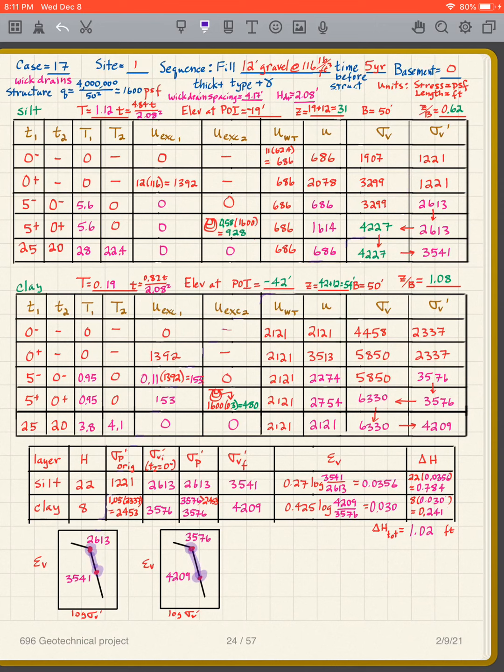Okay, so let's do the clay. Now, again, we have our HDR still is 2.08, but now our C sub V is only 0.82, so that gives me a capital T of 0.19 T, and that changes these so that now this is 0.95, this is big, so I don't have to worry about the big ones, but this 0.95, I have to use the table.